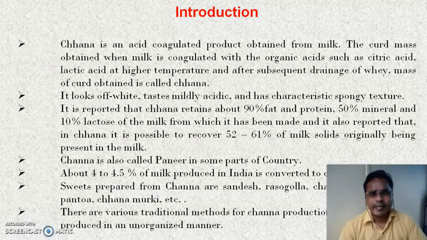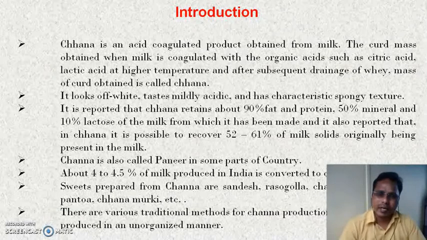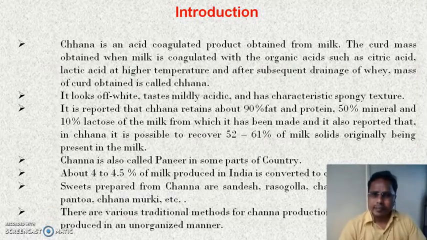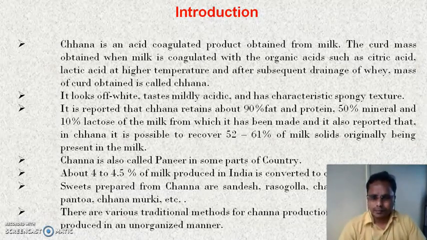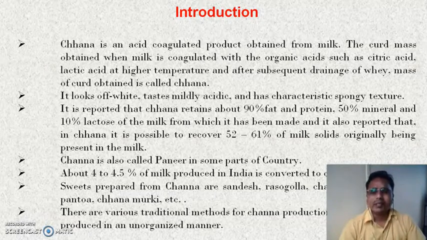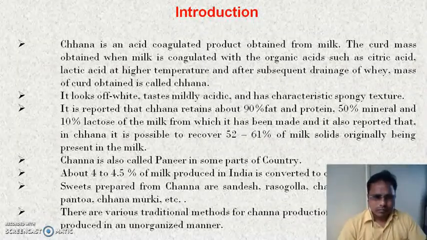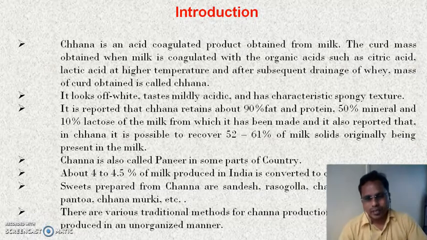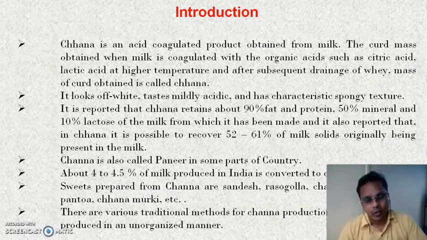It is said that about 4 to 4.5% of the total milk production in India is converted into channa, because channa is the main base product for various coagulated milk products, for example, rasgulla, rasmalai, kalakand, etc. There are various traditional methods for channa production, and most of it is produced in an unorganized manner.